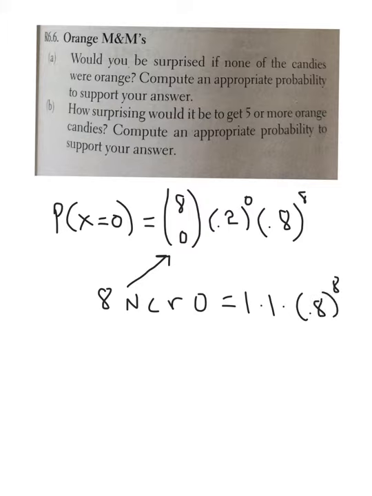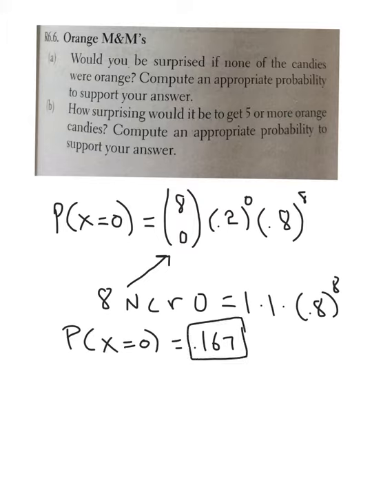So anyway, all that stuff gives us the probability that we get 0 is going to be 0.167. I could also go into second vars and all the way down to, I think it's letter A, binomial PDF. That is the fact that we get exactly 0 right there. Okay, that's letter A.